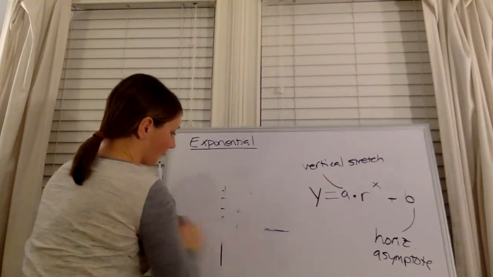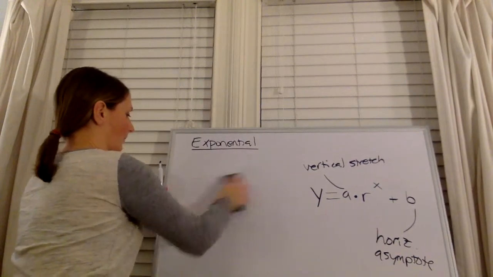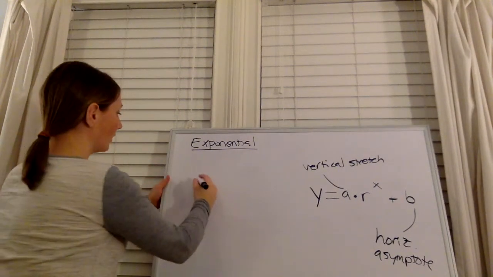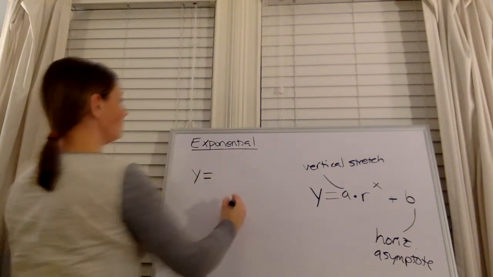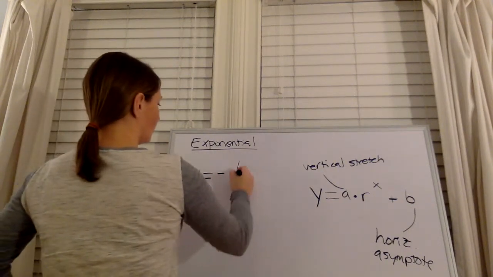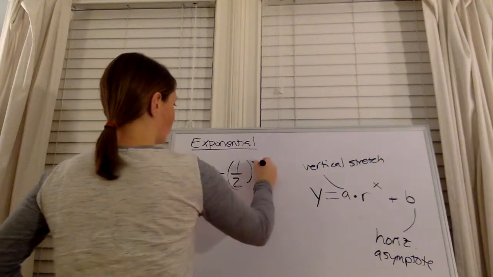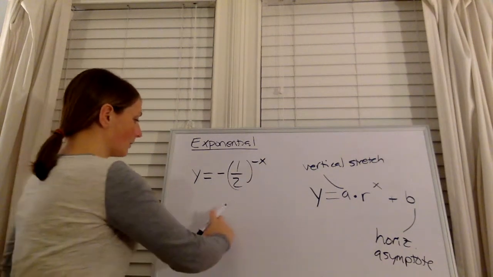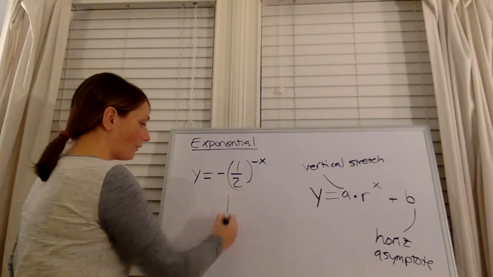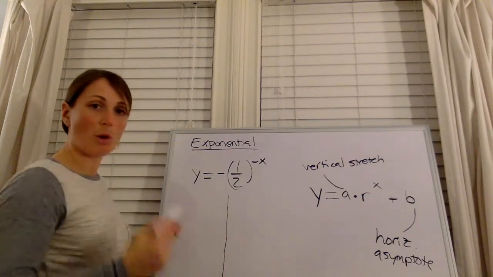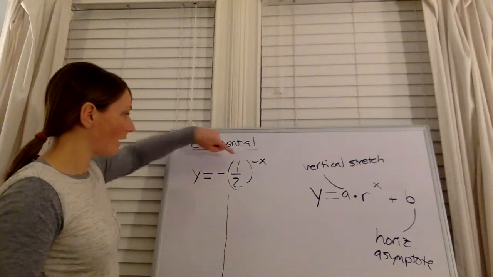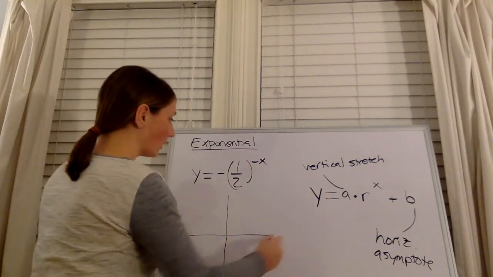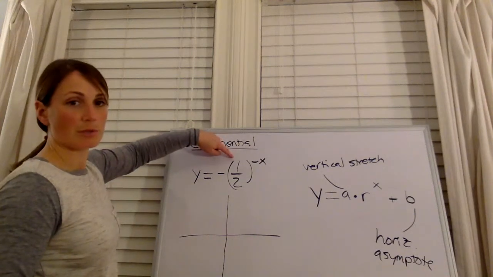If I give you a graph like this, oh, I don't know, negative 1/2 to the negative x, we can put its graph together in lots of ways. Of course, you can always just make a table of values, plugging in x's and seeing what you get for y. But we can also figure this out from a simple transformation.